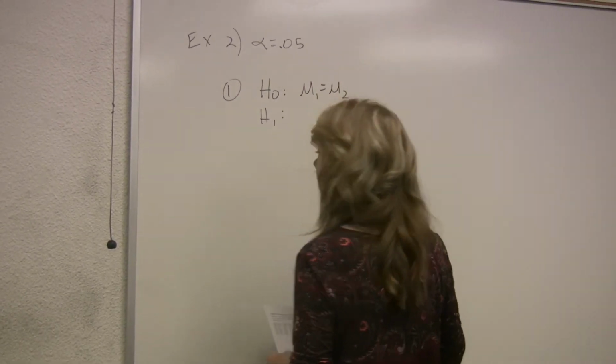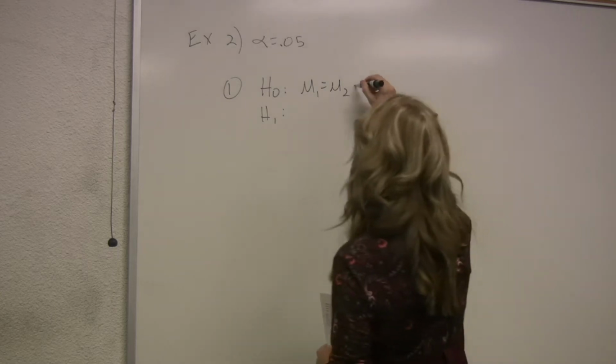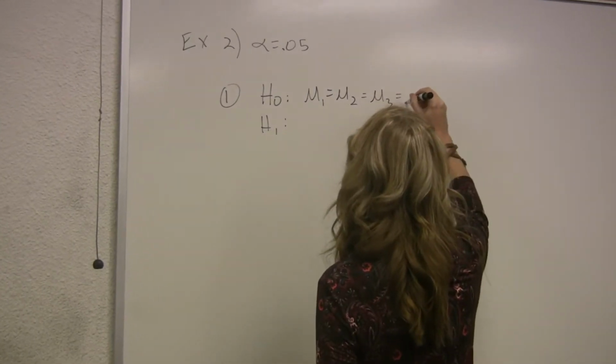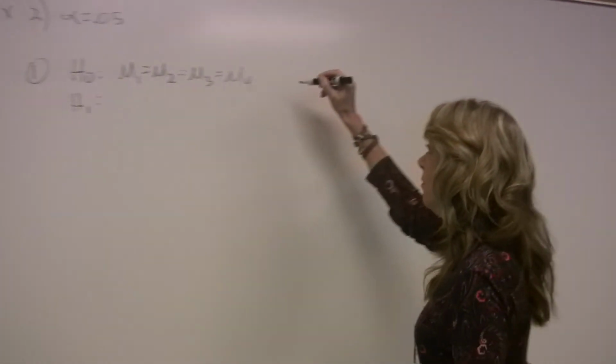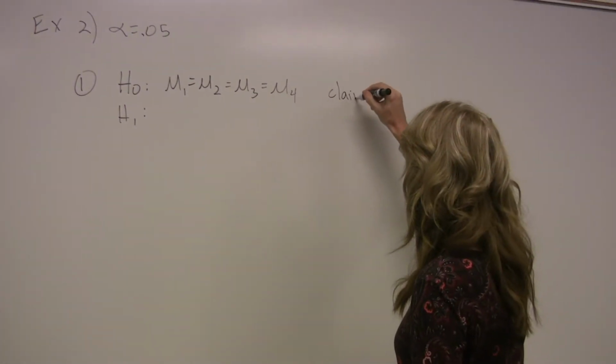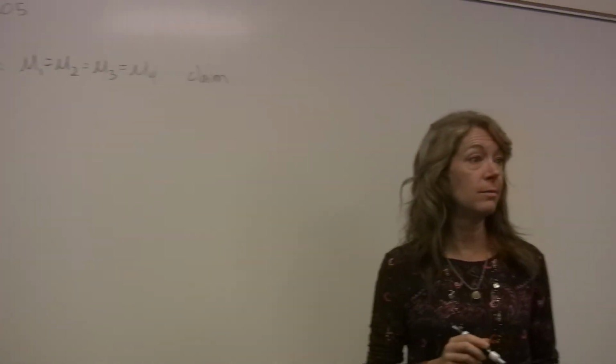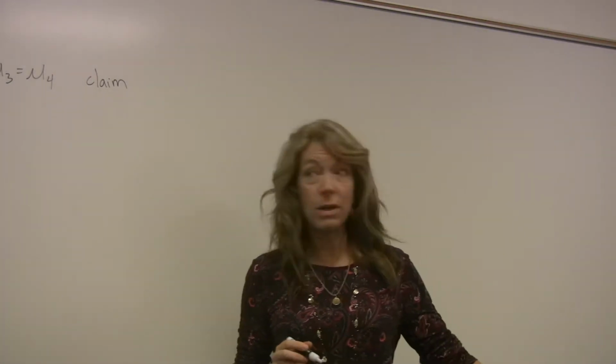Let's keep going. How many are there? We need 3, we need 4. There are 4 categories, in this case it's mu1 up to mu4, are all equal. This is the claim. So H1 is that at least one is different.